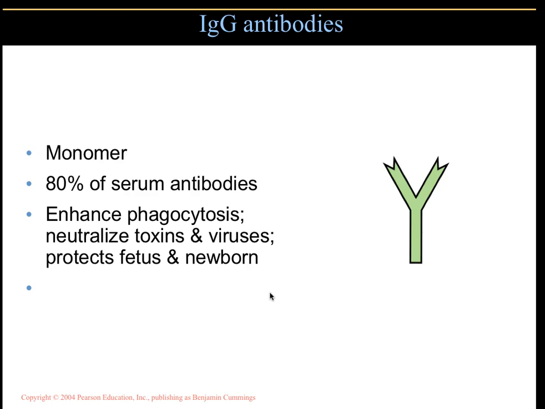So one of the most prevalent types of antibodies is called IgG, immunoglobulin G. They are named after the Greek alphabet. So G is for gamma. I'm not going to test you on this. A is for alpha, E is for epsilon, D is for delta, etc.